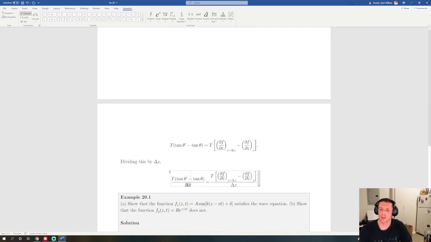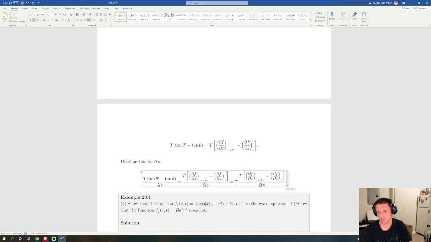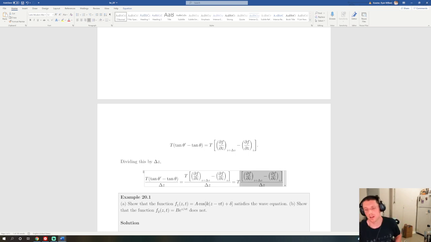Well, here, let me write this one more time. I'm going to just factor out a t, essentially. This term, if you think back to Calc 1, actually resembles the limit definition of a derivative.